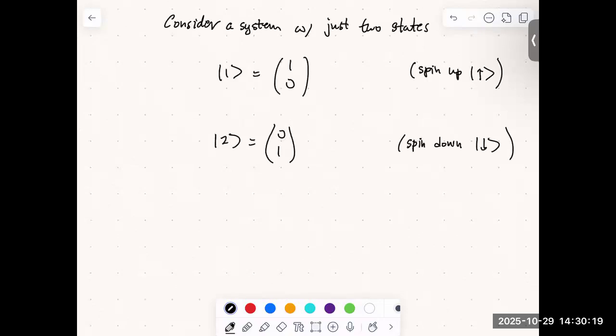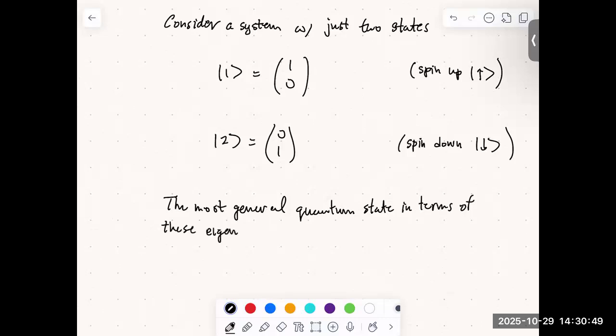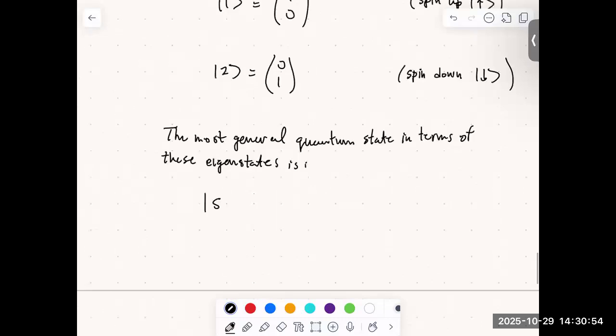All right. So the most general state I can make out of a superposition of these 2 is just some A times state 1 plus B times state 2. Okay, so the most general quantum state in terms of these eigenstates is some general state S equals A times state 1 plus B times state 2.